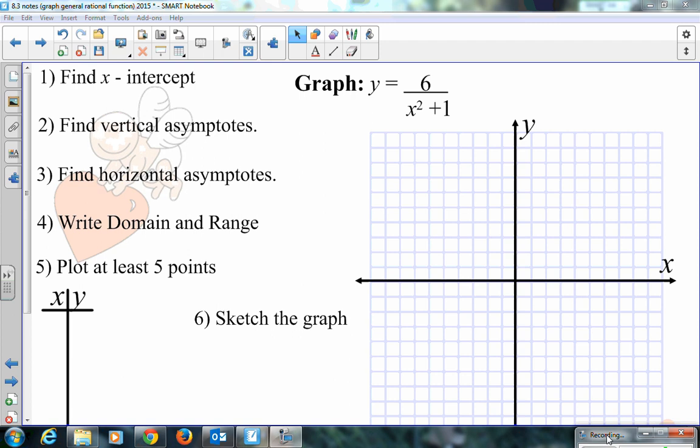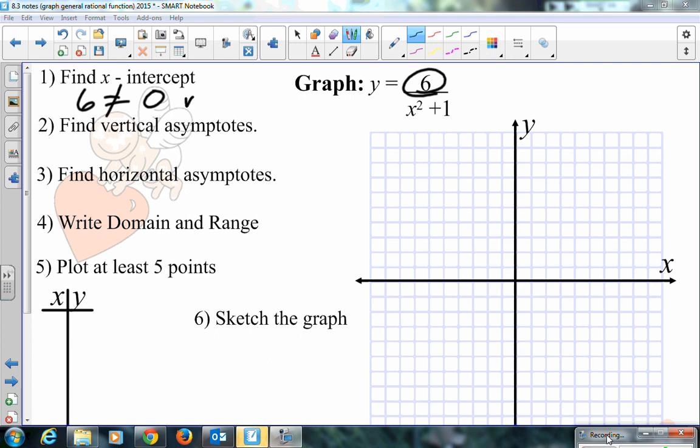Okay, so the first thing I'm going to notice is, number 1, I want to see, is there going to be an x-intercept? So to check to see if there's going to be an x-intercept, I look at the numerator. I look at the 6. Can 6 ever be equal to 0? And of course the answer to that is no. So there is no x-intercept.